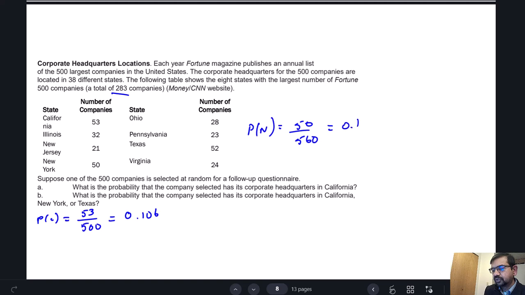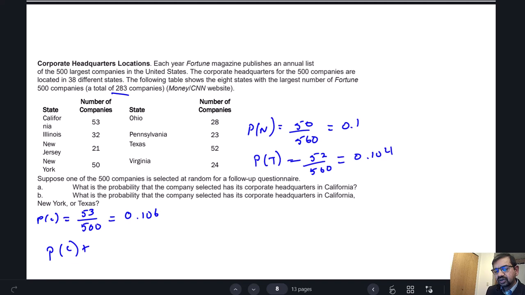So this is 0.1. In Texas, we have 52 companies out of 500, and this number is 0.104.